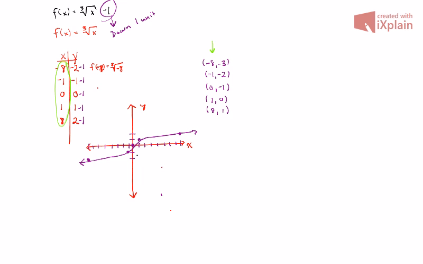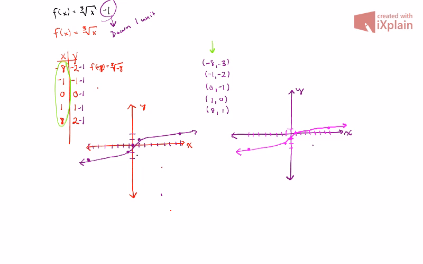So with these new coordinate points, we will go ahead and graph this, and we'll note this in a hot pink. So here's -8, -3, -1, -2, 0, -1, 1, 0, and then 8, 1. This transforms our shape.